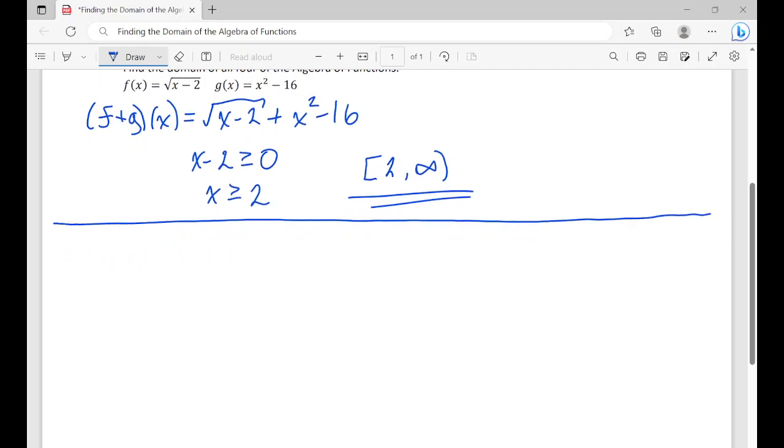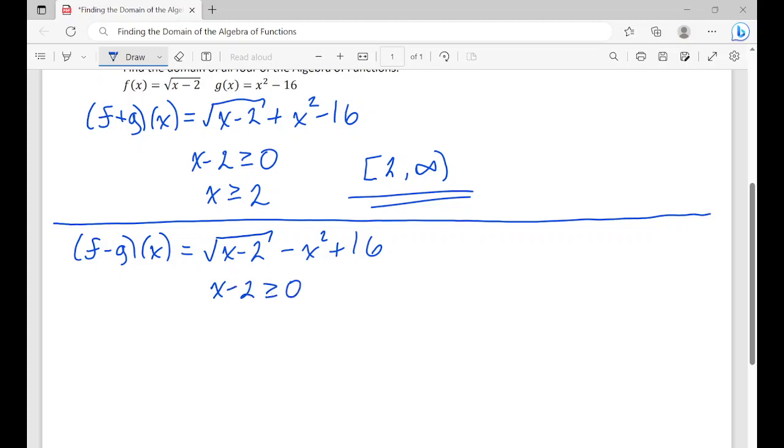Now we're going to do the difference. So f minus g of x, again, is just the same two functions, except we're going to subtract them. So it's going to be minus x squared plus 16. Again, no fraction to cause division by 0, but we do have a square root, so we're again going to take what's underneath it and set it greater than or equal to 0.